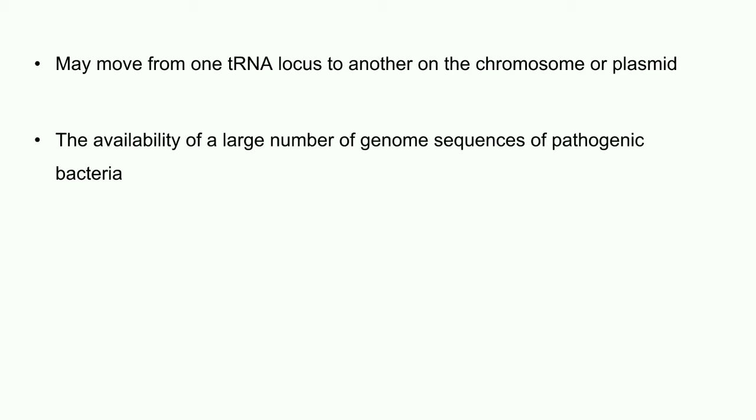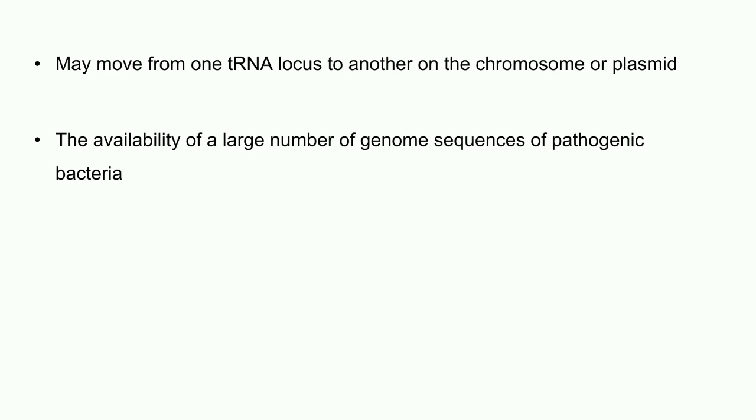A large number of genomic sequences of pathogenic bacteria are available. Due to the vast increase in sequencing and decrease in cost, we now have data banks for a large number of sequences.